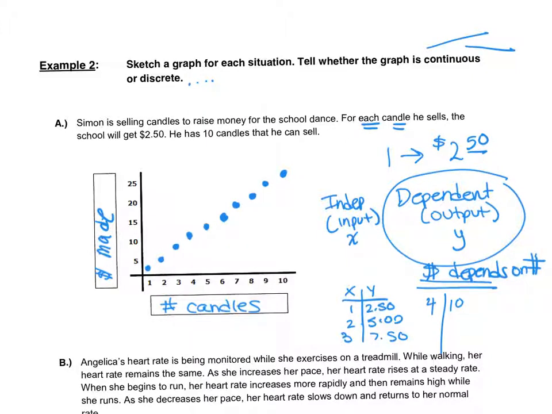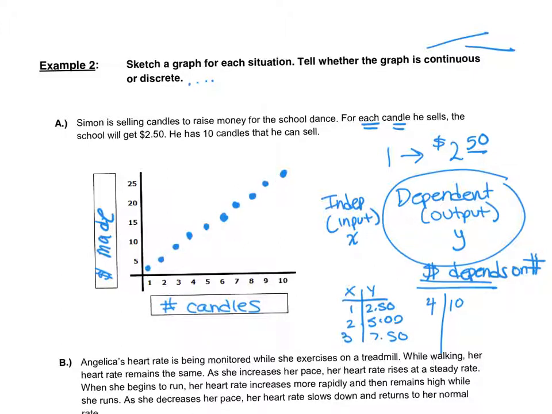Now, in this case, we are not going to connect the dots because if we connected the dots, we are basically saying that he's going to get money for making a part of a candle. So like at 1.5 candles, he would make something in between. He's not making money in between, so we're not really going to graph in between.